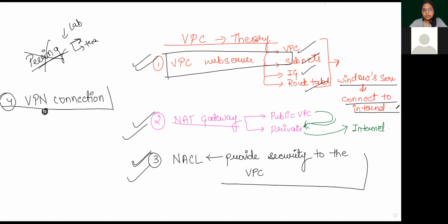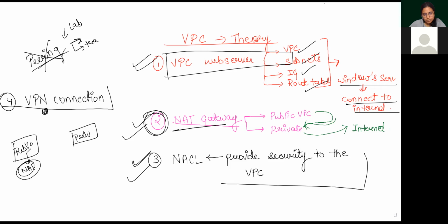Great. So now we will work with the NAT gateway. What we will do is create a public subnet and a private subnet. Inside this, we will create a NAT gateway. And using that NAT gateway, first we will create a web server.